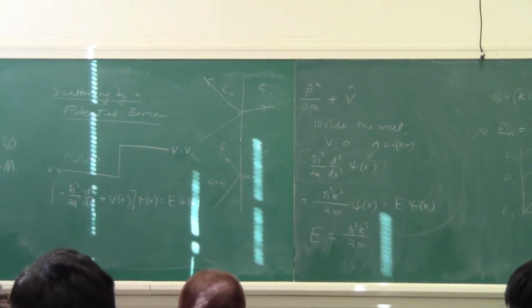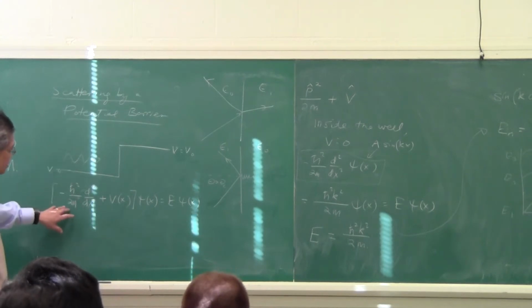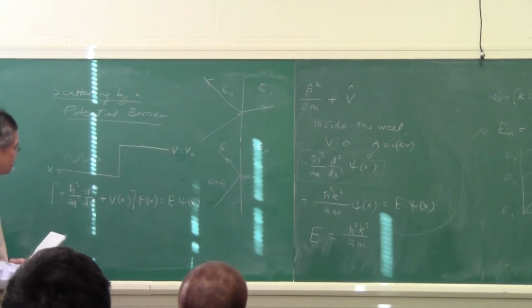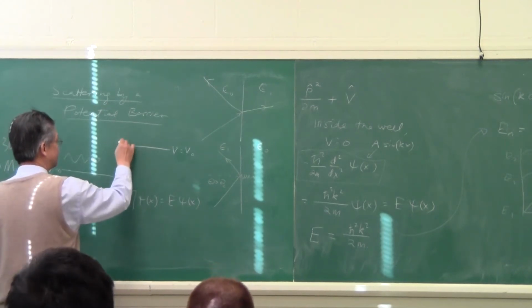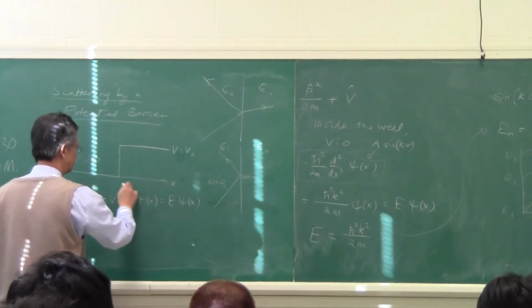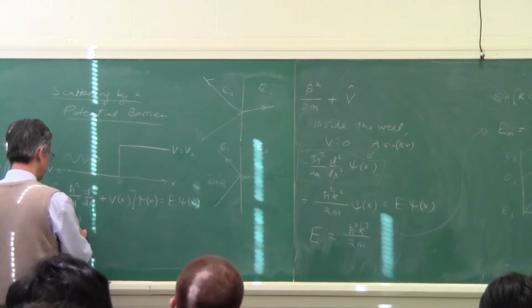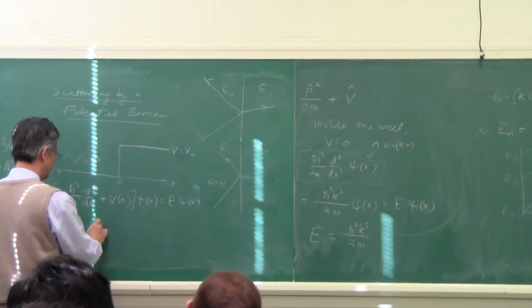If you look at this equation, V of x is 0 to the left, so it's just a free particle moving. But to the right, for x larger than 0, this equation looks something like this.